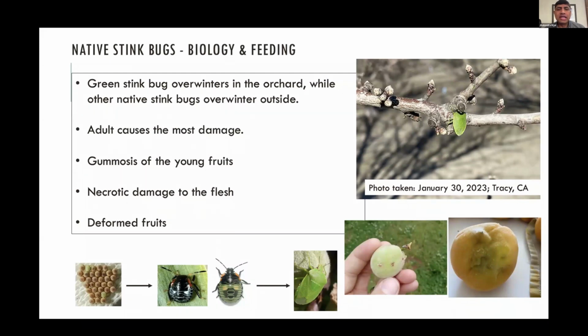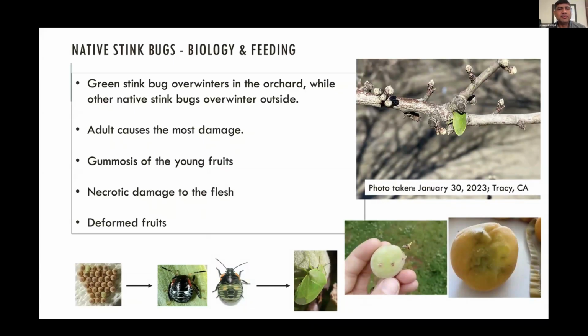They feed on the fruit and cause all kinds of deformation. Also, when you cut the fruit, you can see dark brown necrotic tissue inside. So these fruits are not unmarketable, right?